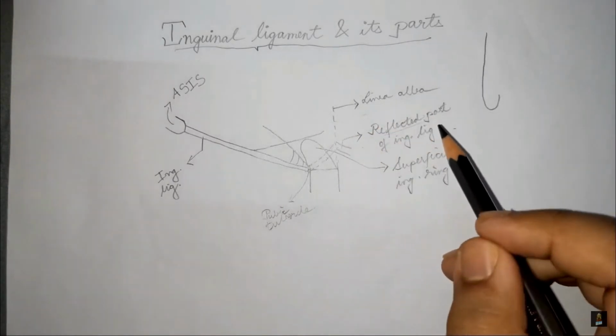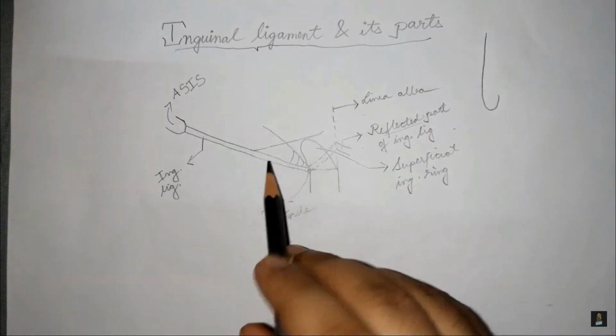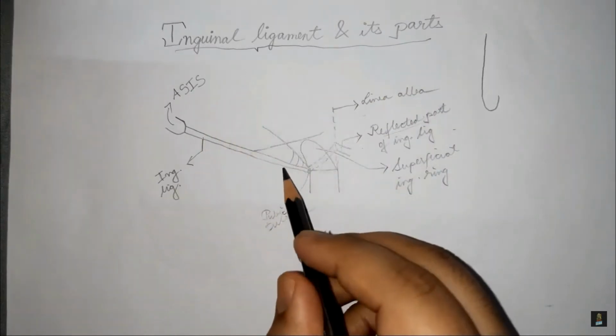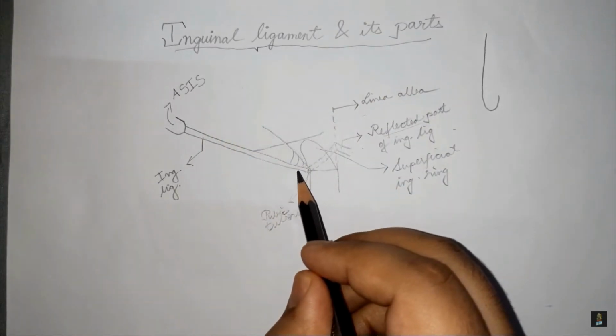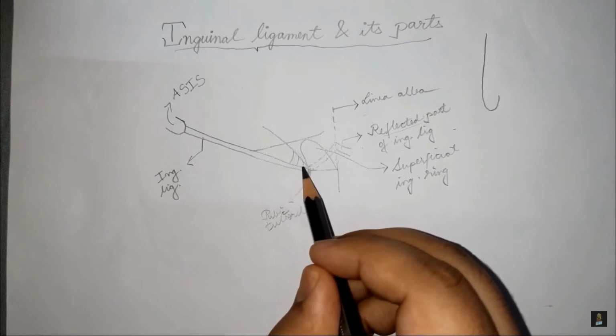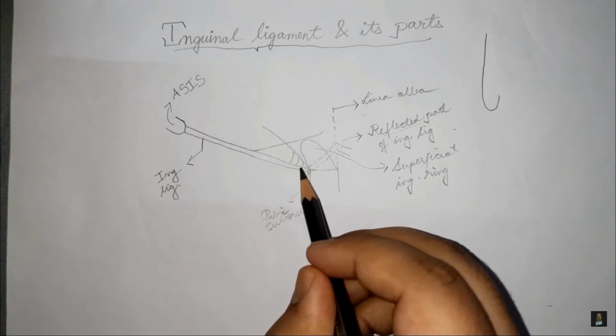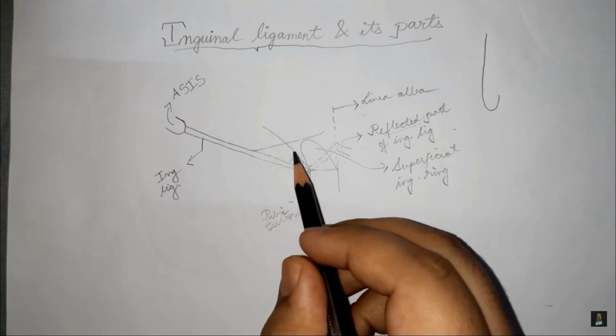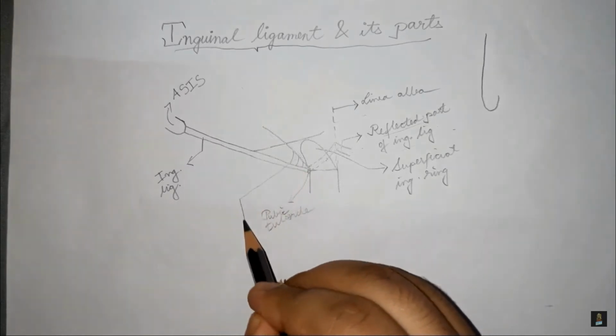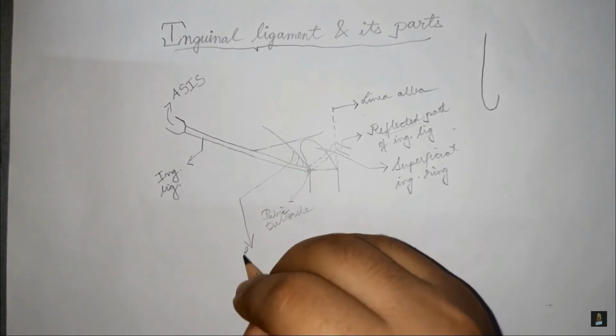Having talked about the reflected part of the inguinal ligament, now we can concentrate more medially on these structures. Can you see these three lines that I have drawn? This represents the lacunar ligament.